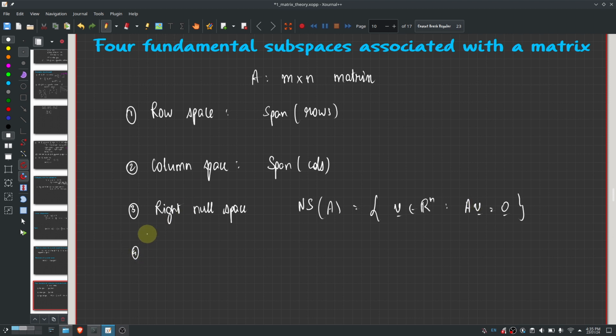The dimension of the right null space is sometimes called the nullity. What is the other? The left null space.